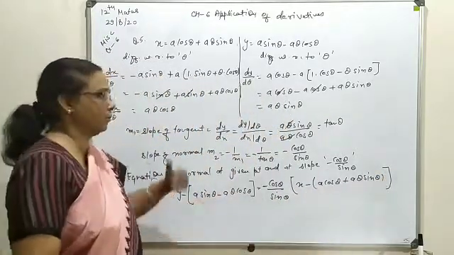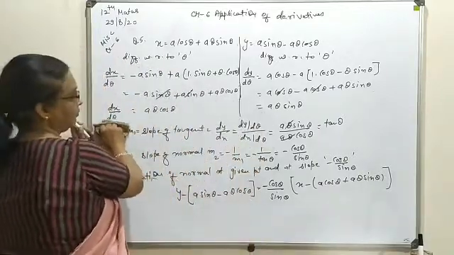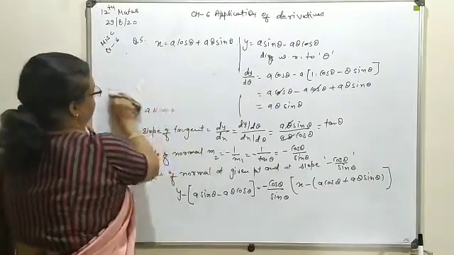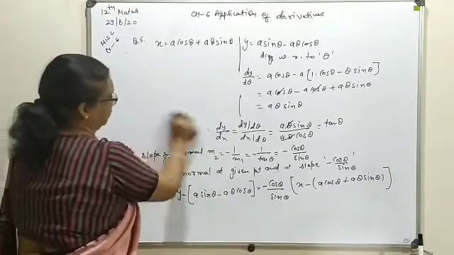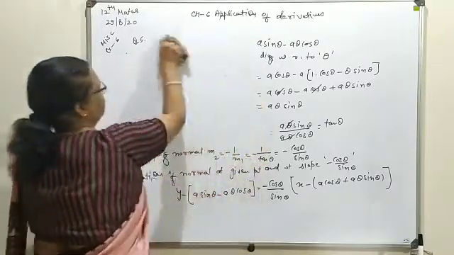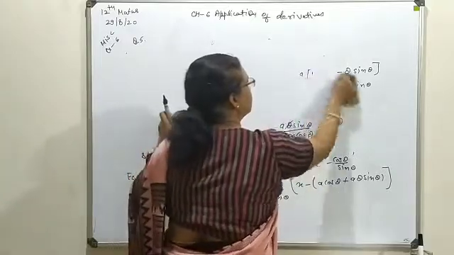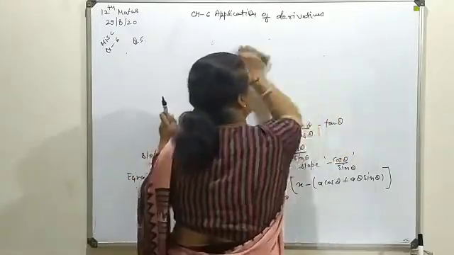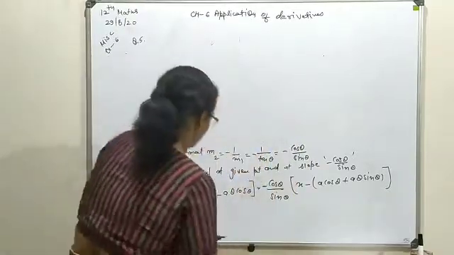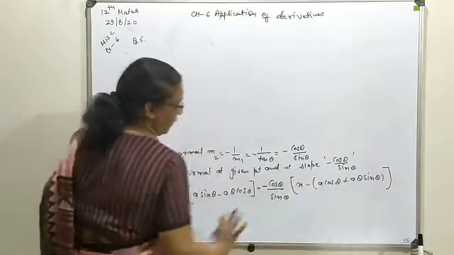Now it is to be simplified into the normal form. Now this sin theta you multiply over here, minus cos theta you multiply over there.